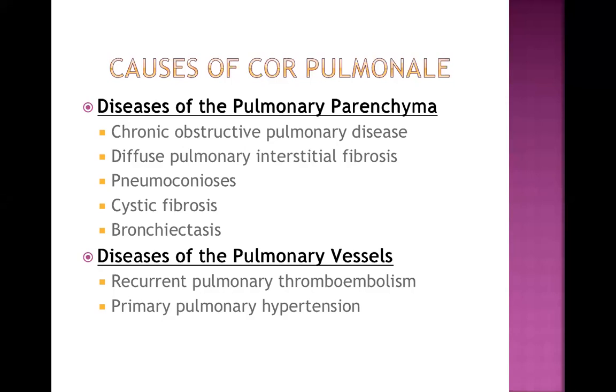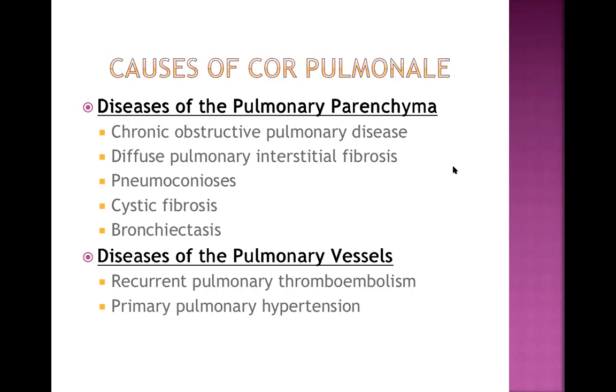Hypoxia leads to pulmonary vasoconstriction. This hypoxia is a chronic type of hypoxia, so chronically there is vasoconstriction inside the lung. Vasoconstriction means increased resistance in the pulmonary artery. That resistance is reflected on the right ventricle. Everything else after that is the same. The right ventricle will start to hypertrophy, later on dilate, and this condition is known as cor pulmonale.